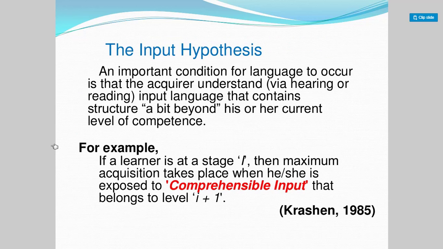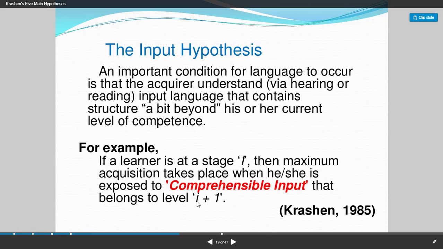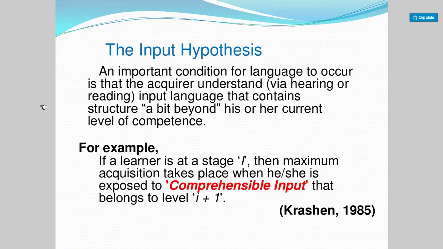The other one right here, one of the most important hypotheses by Krashen, is the input hypothesis, or as it can be understood, I plus one, or input plus one, right? So what is this? This is stated right there by Krashen, 1985.